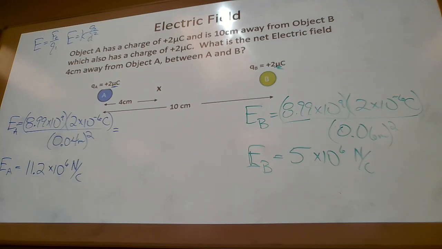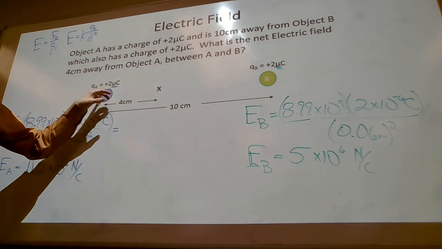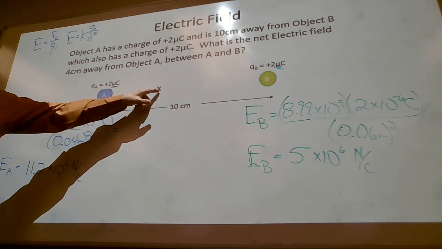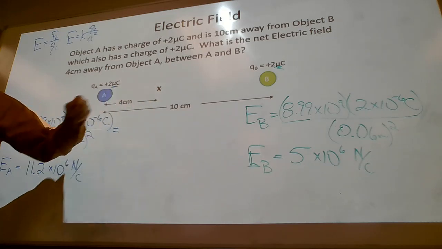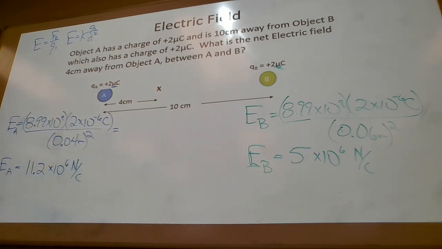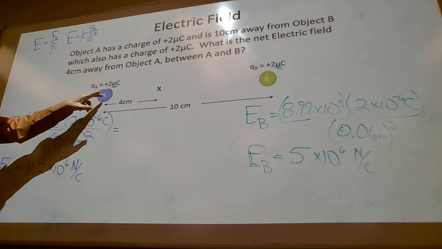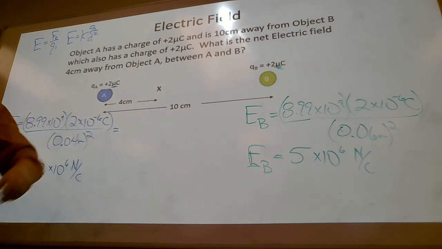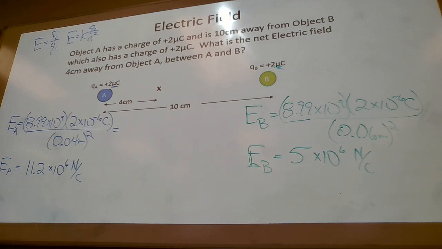Now we need to figure out direction. Is the field created by A at point X going to the right or to the left? Tell your neighbor.